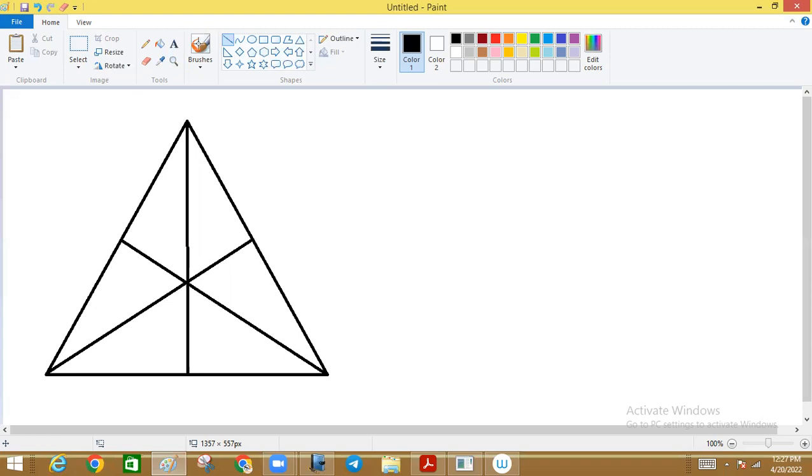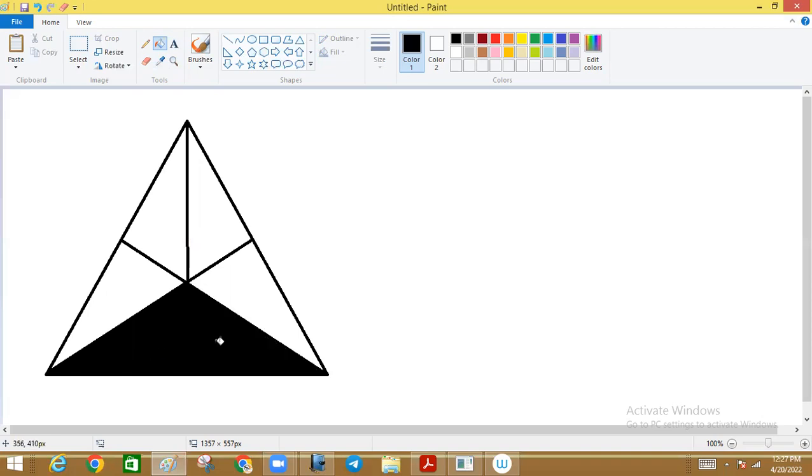Each part is 1/6 of the entire triangle. If I take this as well, how many triangles are covered? 2 out of 6 triangles. Therefore, what is the area of this shaded region? 1/3. So this one is 1/6.